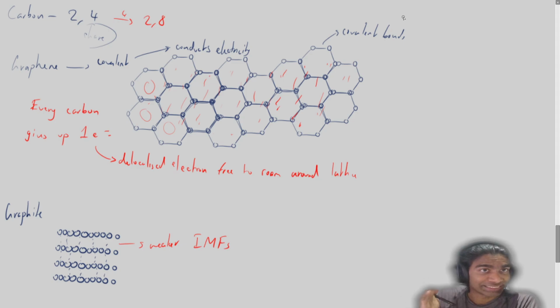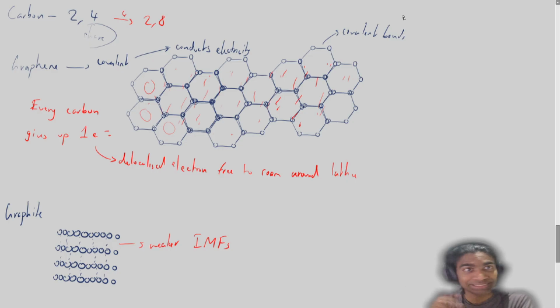Now, graphite is the same thing, but with the layers stacked upon each other. That leads to graphite having a slimy, flaky feel. It's very easy to break these layers apart because there are weaker intermolecular forces between them. And that is how pencil lead works, right? So it has a slimy, flaky kind of texture to it.